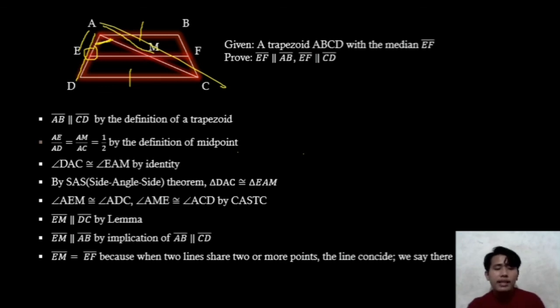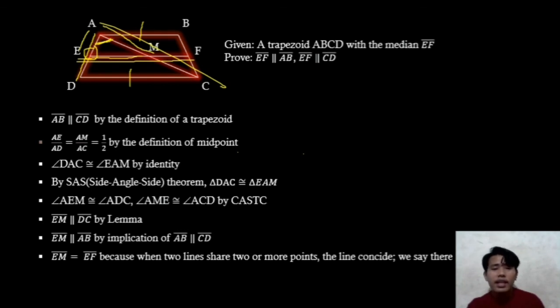So line segment EM, this one, is equal to line segment EF. Yeah, you can see that they are coinciding. Because when two lines share two or more points, the lines coincide, we say there is only one line, right?